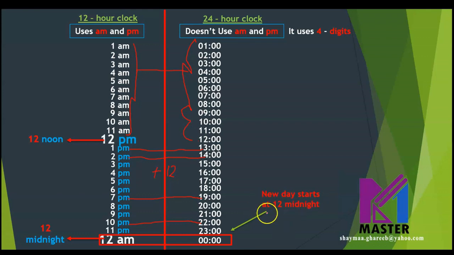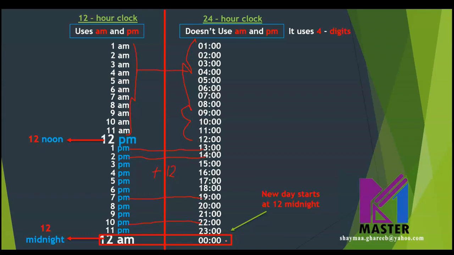So the new day starts at 12 midnight or 12 a.m. or 0000.